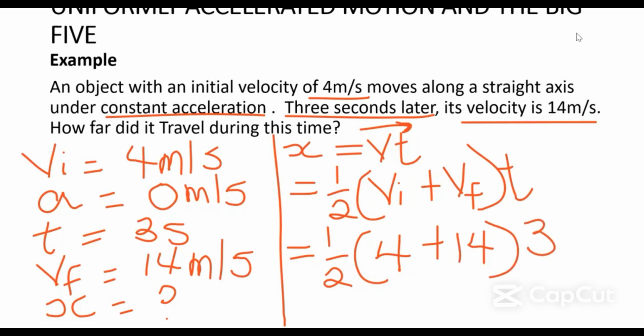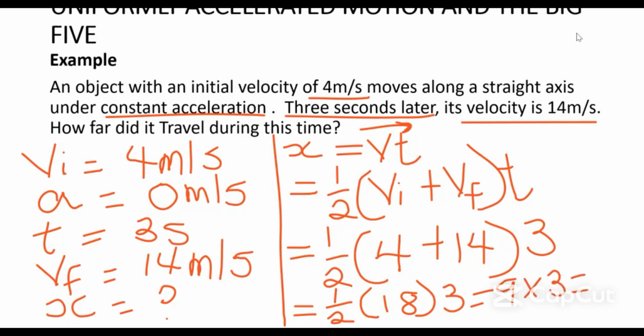So that will be 4 plus 14, that is 18, over 2, so that will be 1 over 2 bracket 18 times 3, which is equal to 9 times 3, which is 27 meters.